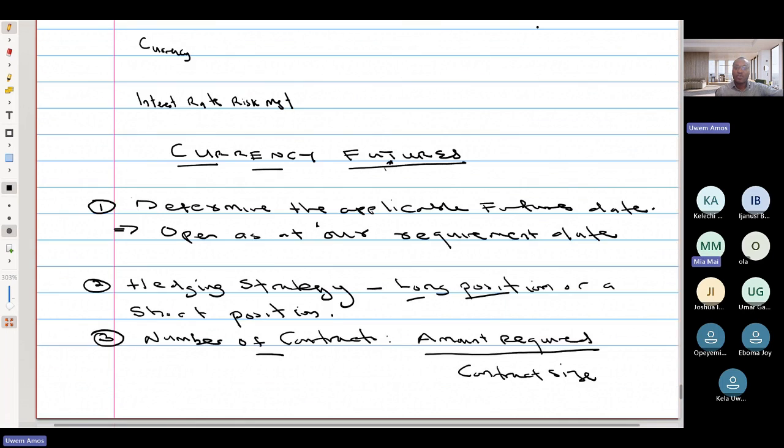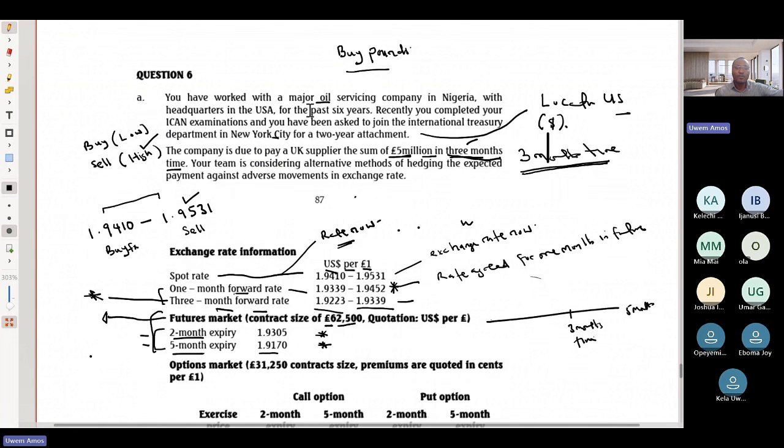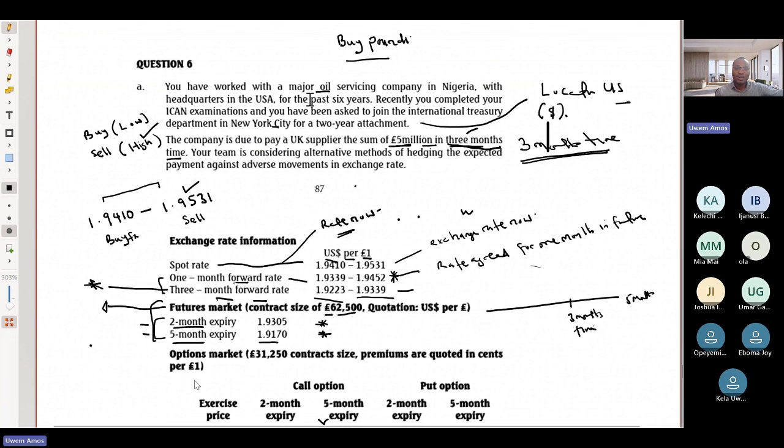The question tells us that the spot rate is a range, it's two numbers: 1.9410 to 1.9531. One of these values is the buy rate, and one is the sell rate. So we need to establish which of them is applicable for our calculation.